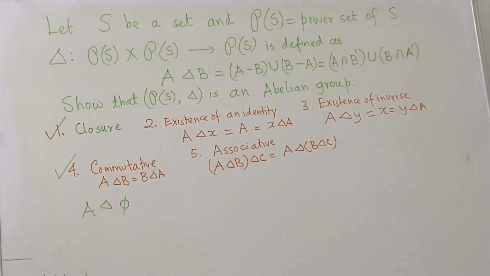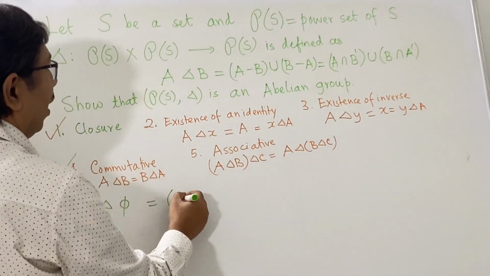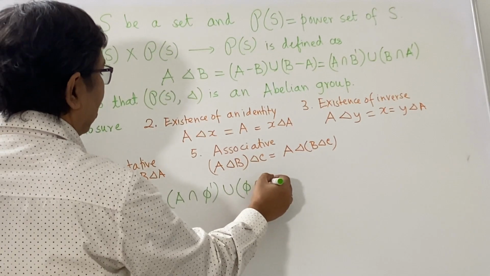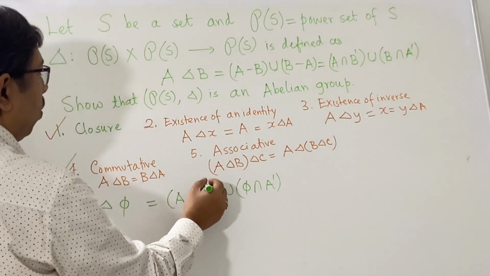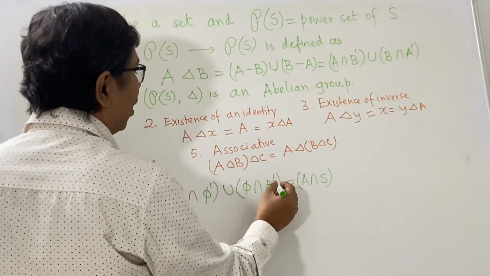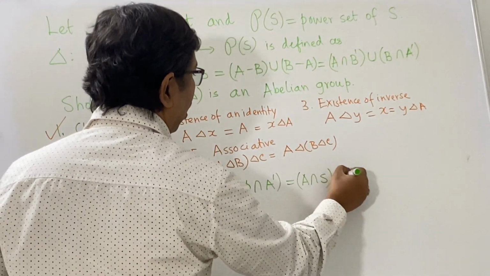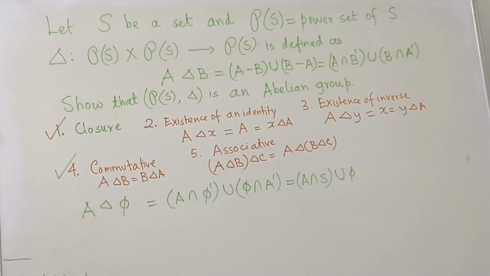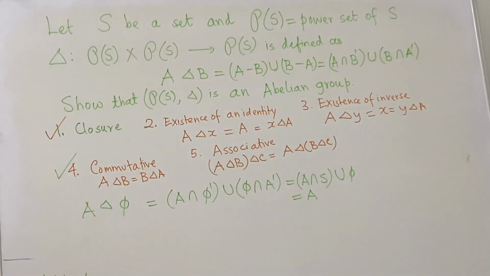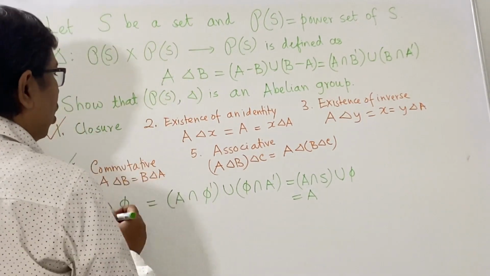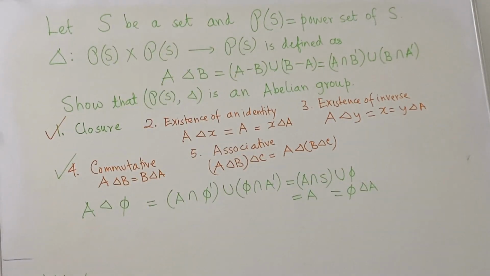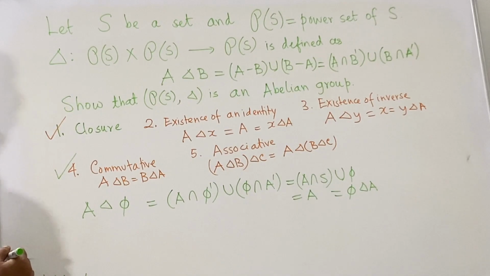If you look at A delta phi, what do you get? You get A intersection phi complement union phi intersection A complement. Phi complement is the universal set, which is in this case S, and phi intersection any set is phi. So union phi, that remains as it is, and A intersection S, A being a subset of S, is A. So A delta phi is equal to A, and by the commutativity we know that this would be equal to phi delta A. So therefore the set phi is the identity element.